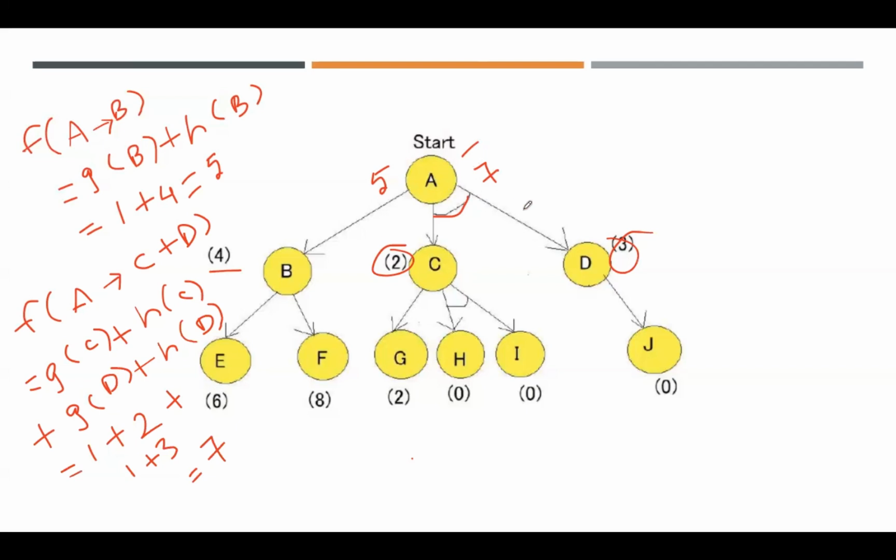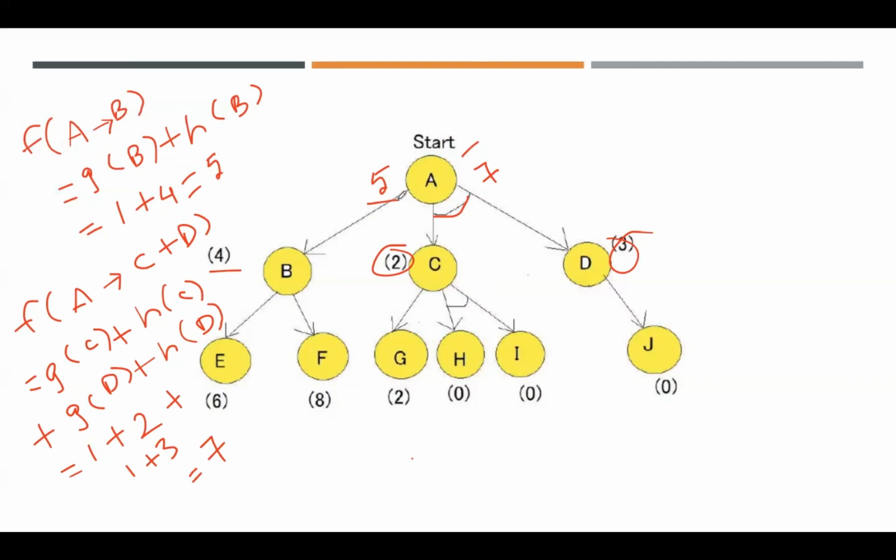Now find out the minimum cost path. Among 5 and 7, 5 is the minimum. So again, we'll use the same procedure which we used in step 1 and repeat the process.